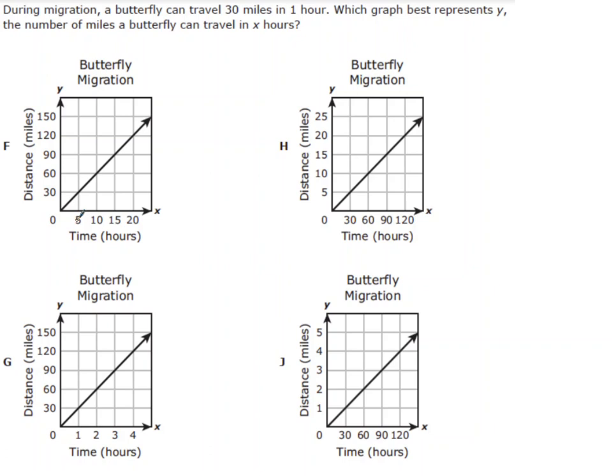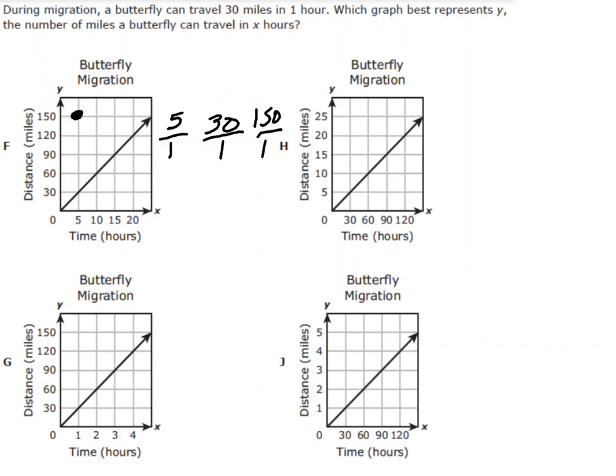Here we have 5 hours, right? So let's do... so we should say that in 5 hours, no, that is not right, because in 5 hours, the butterfly went 150 miles.